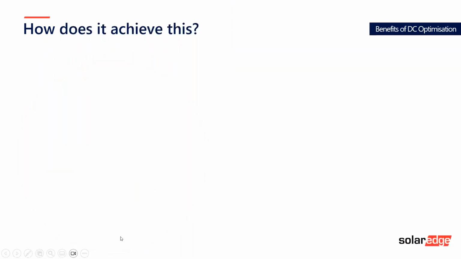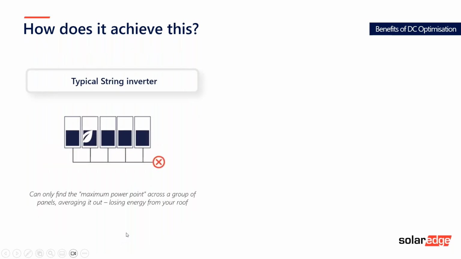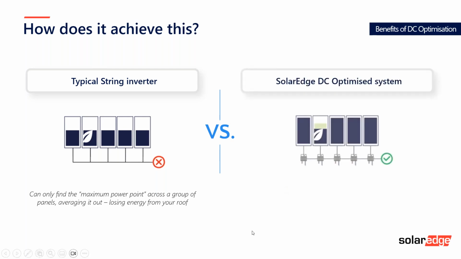How does it achieve this? Really what we're looking to do, by adding an optimizer, is effectively put a power point tracker on every module. If we look at traditional string inverter systems, they just don't have the resolution to control individual panels on the roof, because there's only a single tracker per string.